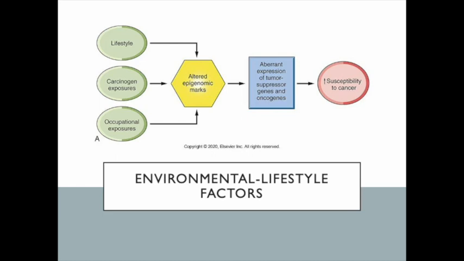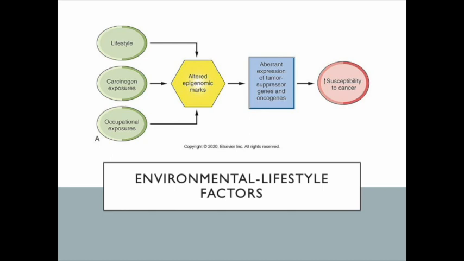If you work on a construction site, maybe there's asbestos or other small particles in the air. Lifestyle factors include things that we choose to take into our body or that affect our body: smoking, alcohol, our diet or nutrition, the amount of physical exercise, sexual practices, infections, and obesity can also be considered lifestyle factors.